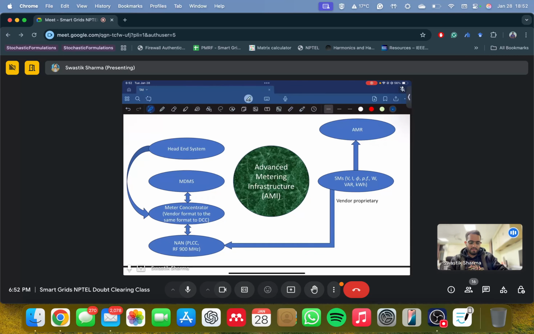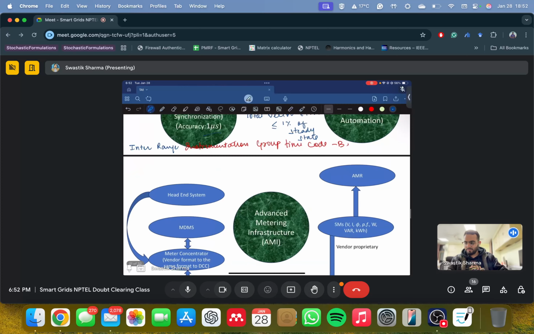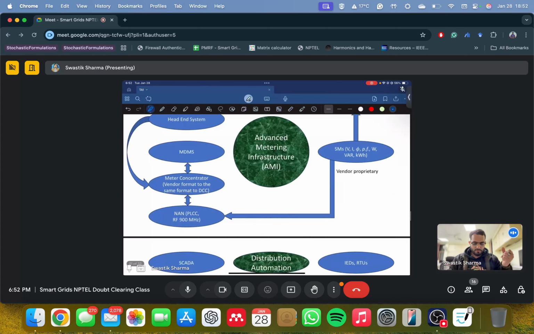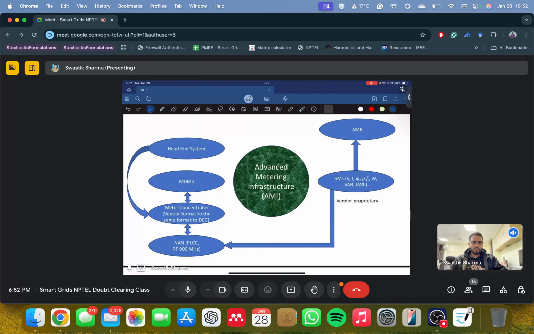Let's come up to one thing, two more things, then we'll discuss, and then we'll move on to questions. Questions will be very quick, so we don't have to put our head to it. All I was talking about during this time was smart meters and advanced metering infrastructure. So what exactly do you mean by advanced metering infrastructure? There are also some standards that govern what has to be there in your system to qualify as an advanced metering infrastructure.